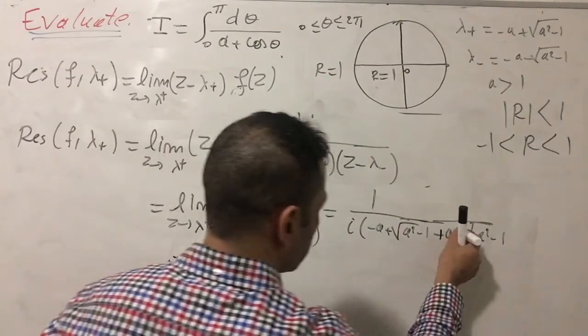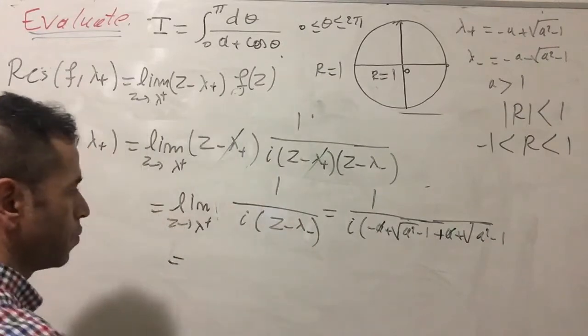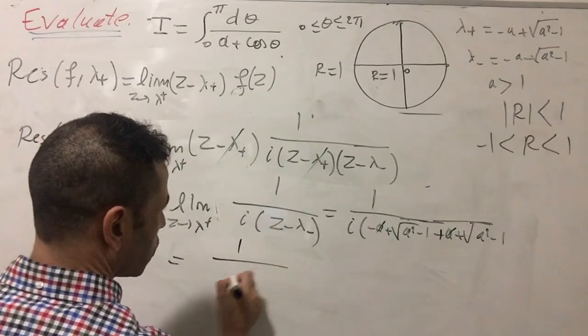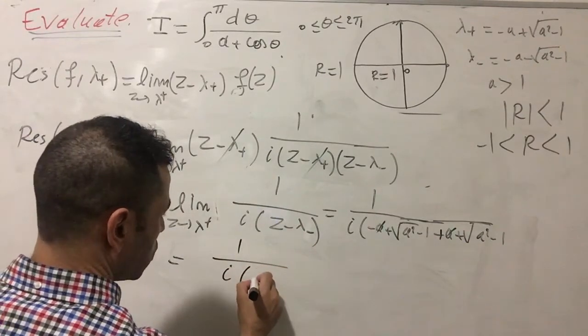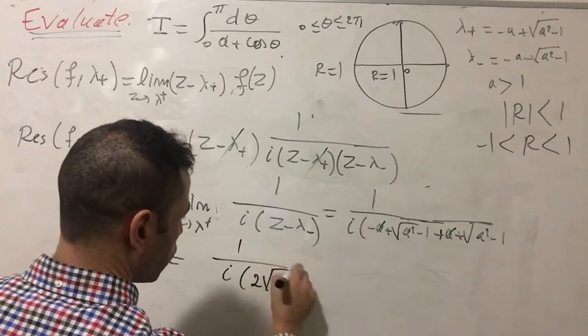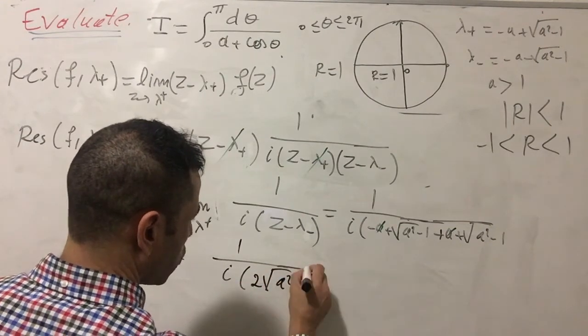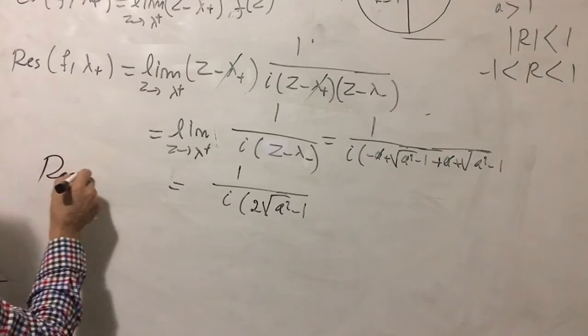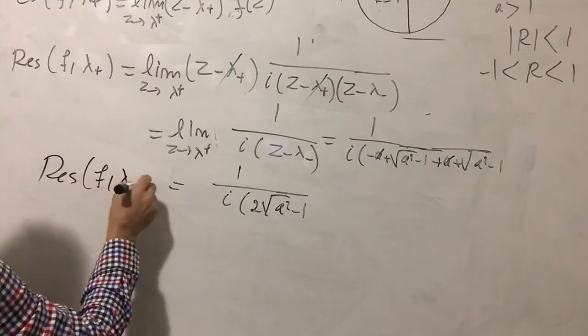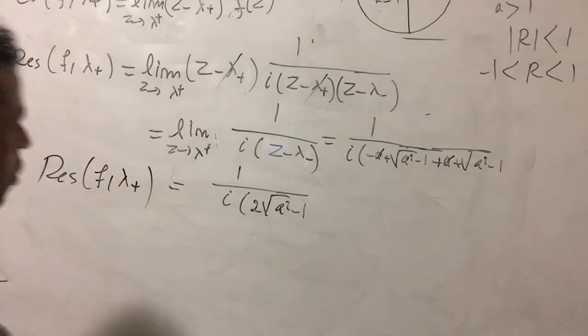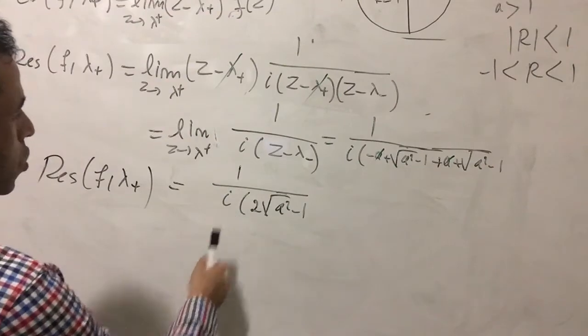So this a will be cancelled out with this minus a, and we'll have 1 over i times 2 times the square root of a squared minus 1. That is the residue of f for the pole lambda plus.